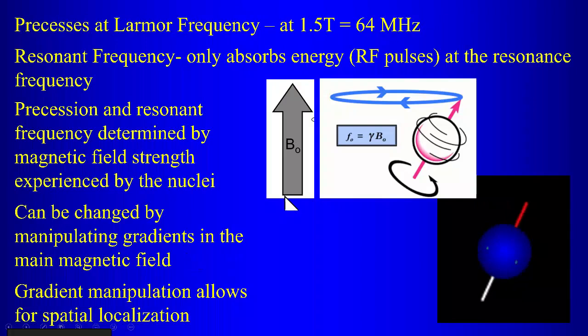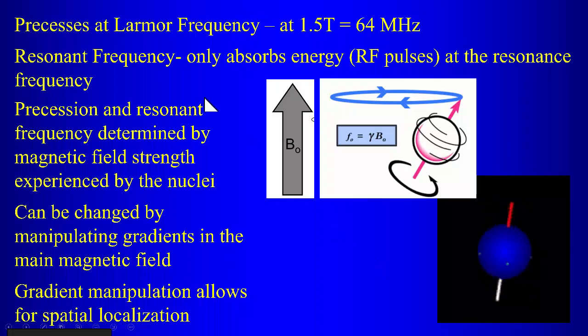Now, the other thing that happens is we think in these classical models of these protons as spinning tops, but when we put them in the magnetic field, in addition to spinning, they start to precess. You see how they wobble around this axis, the direction of the main magnetic field. So that's called precession. But there's a frequency of that precession, and that precession is related to the strength of the magnetic field.